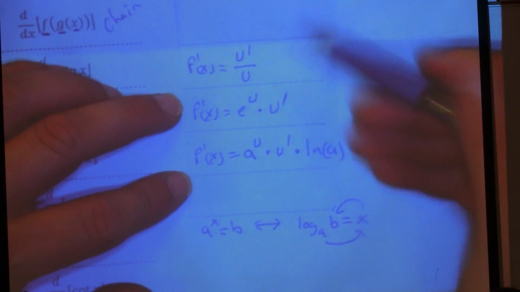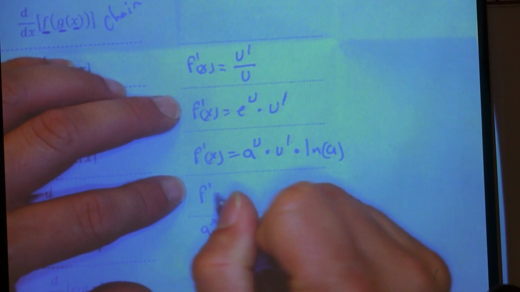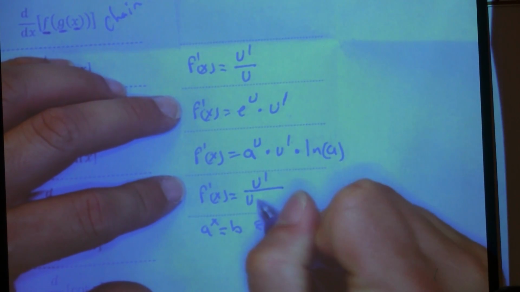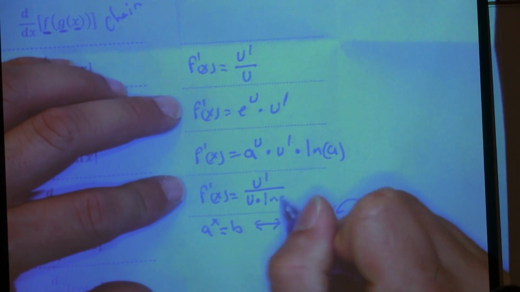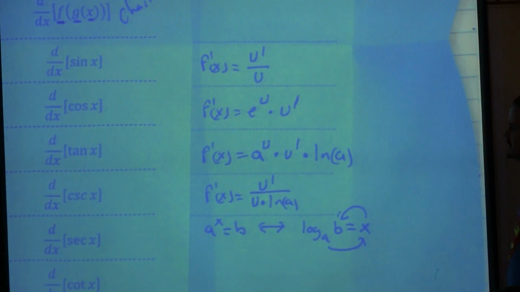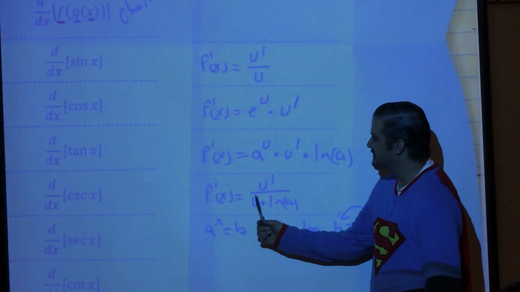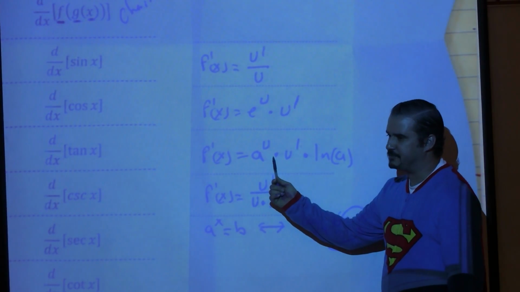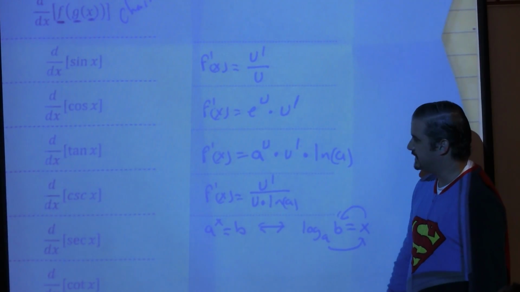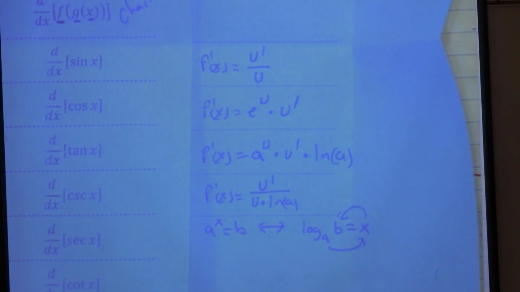The log one is the same as the natural log one. So that's going to be u prime over u times ln of a. So notice that for the logs it's division, and for the exponential it's what? Multiplication, okay? Cool?